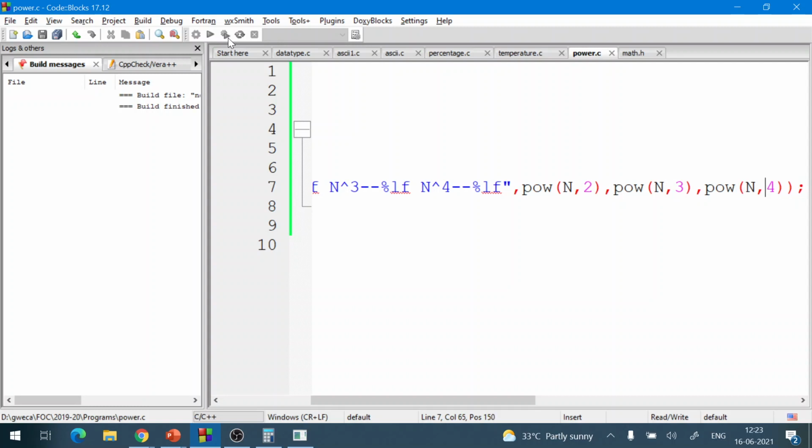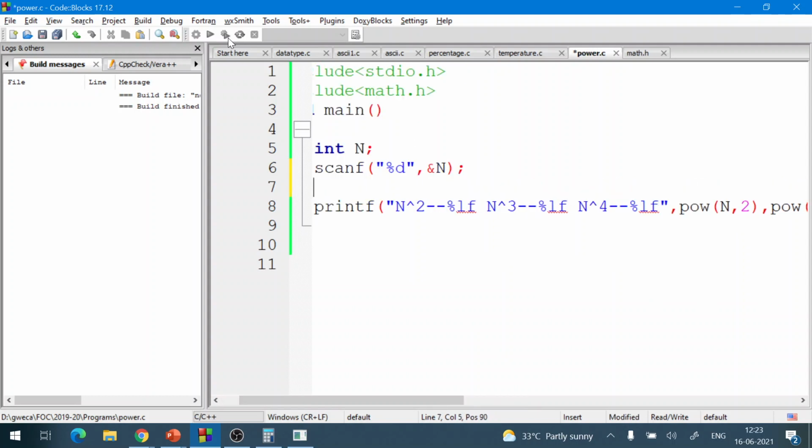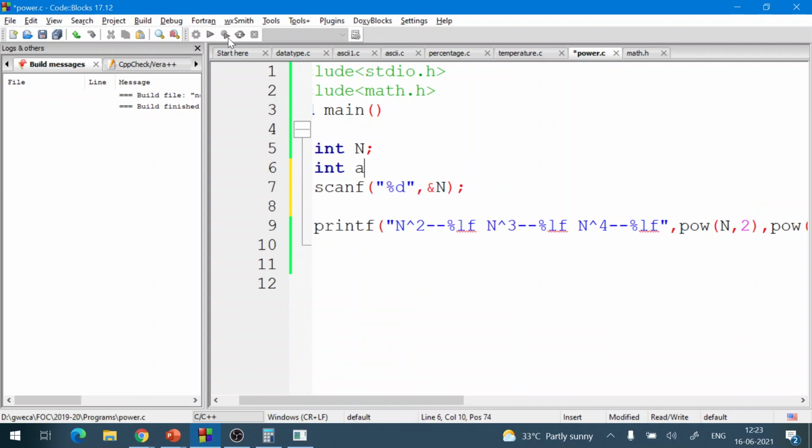Now let us do an experiment, a twist on this program. I take an integer a, and I estimate the power function, and for the power I take 10. Fine.